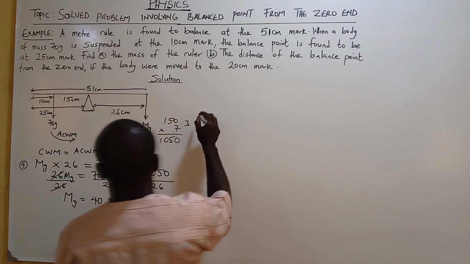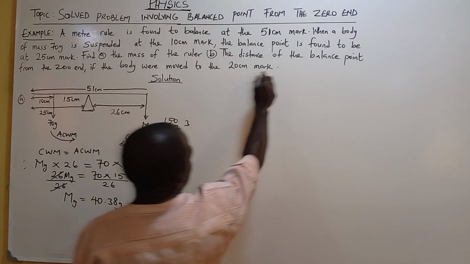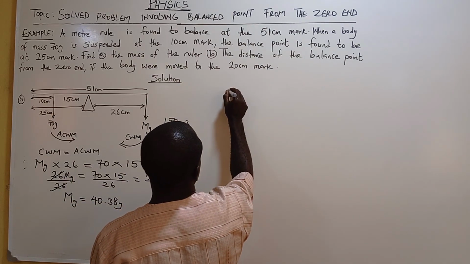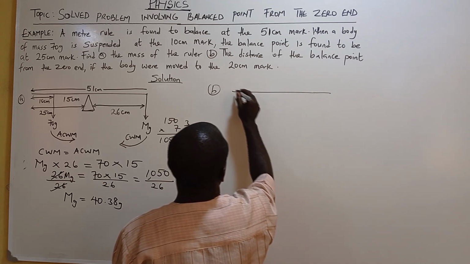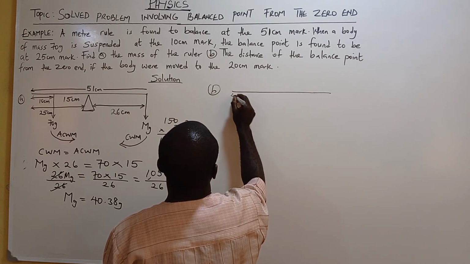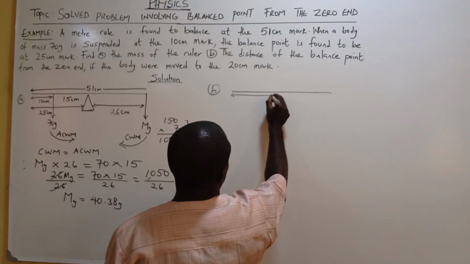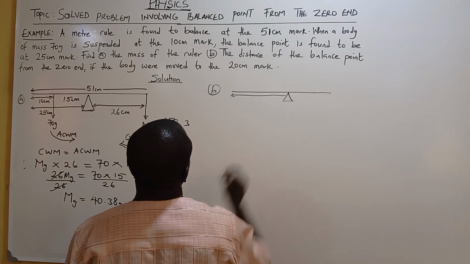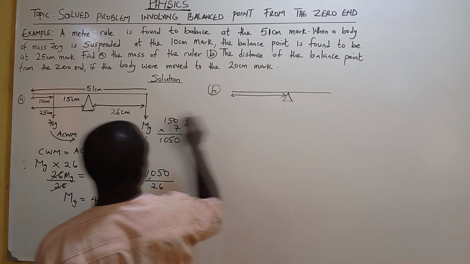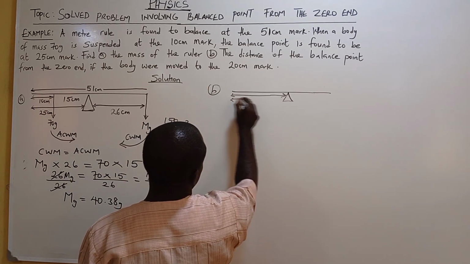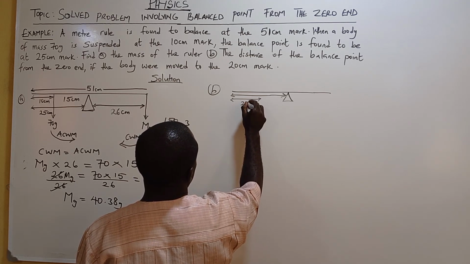The B part: find the distance of the balance point from the zero end. If the body were moved, instead of being at 10 centimeter, we are told that the body were moved to the 20 centimeter mark.